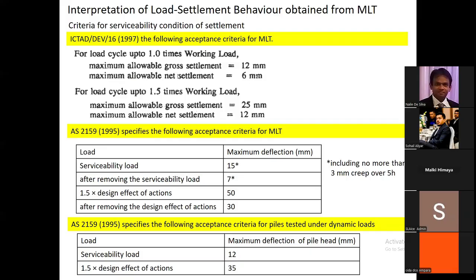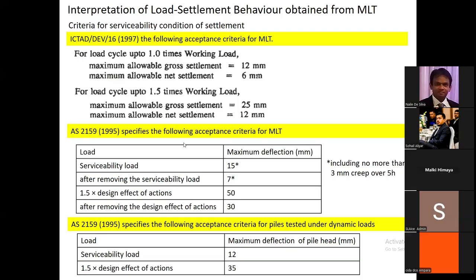And once you release the load, the net settlement should be 6 millimeters or less. And if the pile is loaded up to 1.5 times the working load, 25 millimeter settlement is allowed. And once this load is released, the net settlement should be less than 12 millimeters. So this is the acceptance criteria for a maintained load test.